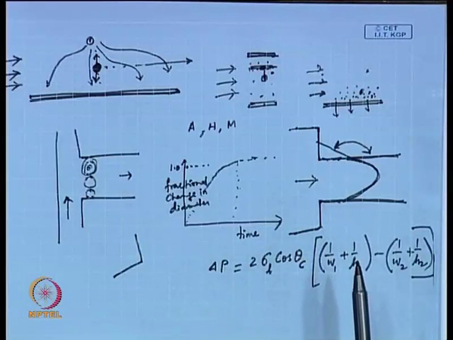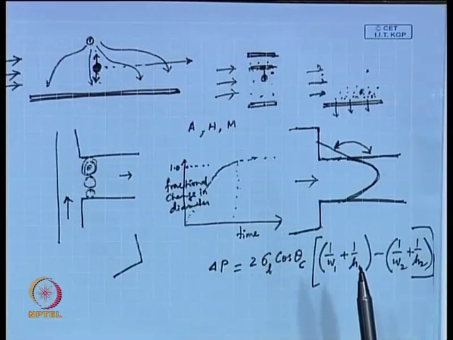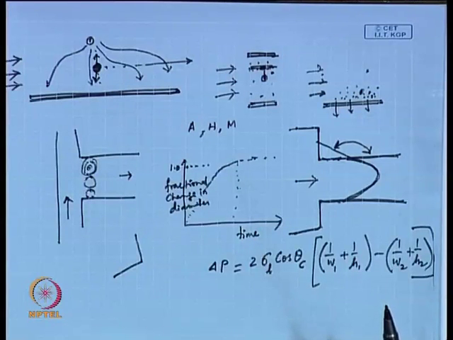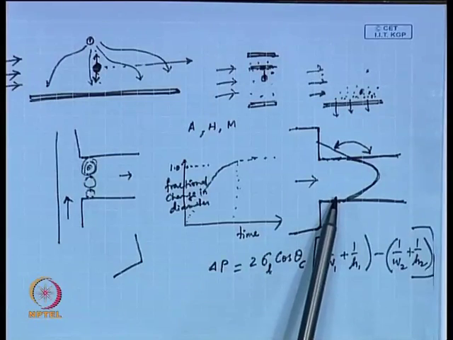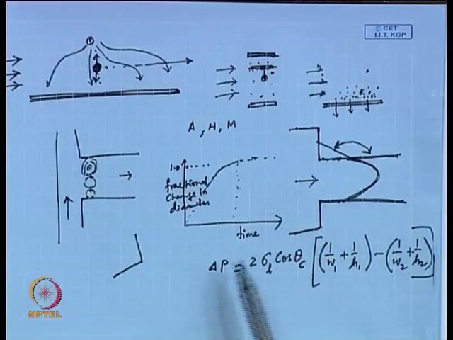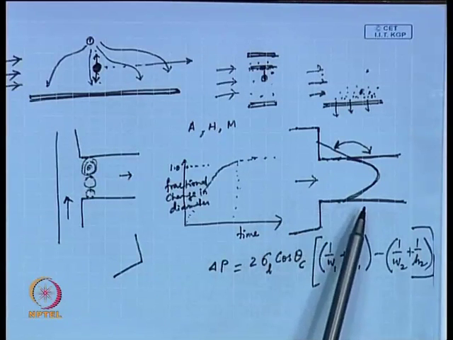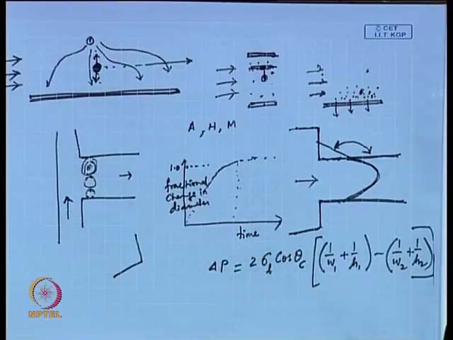So, you can set your system in such a way, what W and what H you choose is in your hand. What material, what theta c you choose, that is in your hand. You choose these materials in such a way that this acts as a valve. Only when the pressure exceeds this delta P will there be a flow, and if not, there will be no flow.